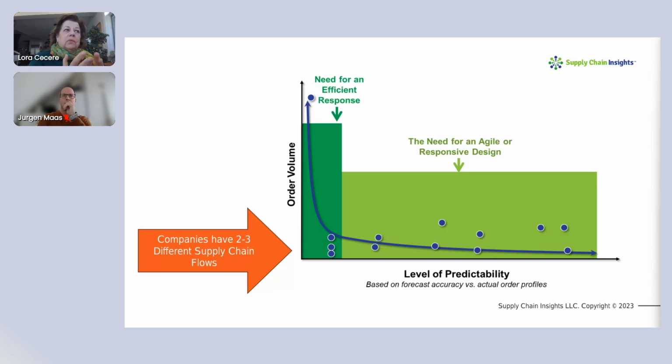But because they were running all of their products as the efficient supply chain, really focused on the lowest cost, they were always shorting the samples, and they weren't able to get their product to the new mothers in the hospital. And that was the most important product, but because they weren't managing flows, they were not creating the growth that they needed. So thinking about the role of each supply chain flow and the modeling in S&OP requires flexibility in the tool. Next slide.